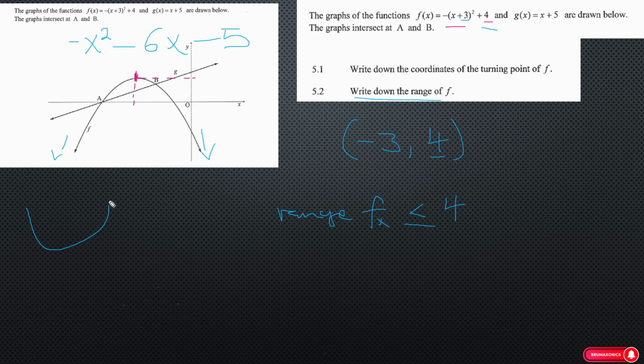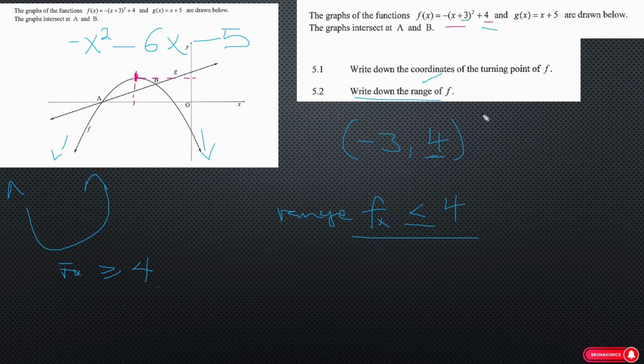If it was like this, going up, then our f of x will definitely be greater than or equal to this particular number there. So you have to be careful about the graph decreasing or increasing in terms of a range. So now this is actually the range of f.